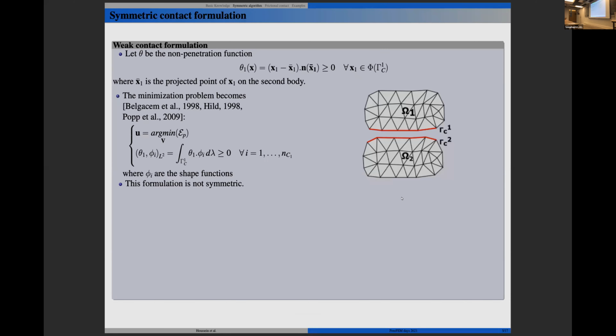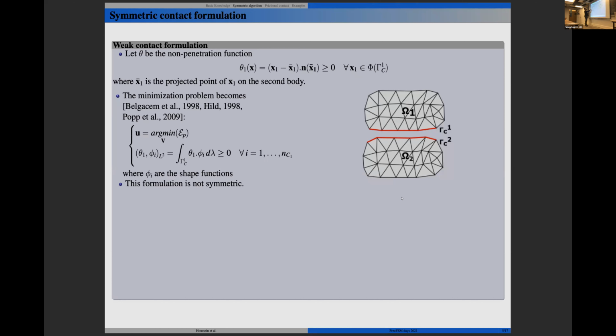But before presenting the symmetric formulation, here we have the non-penetration condition with respect to the first body. Therefore, the first one is taken as slave and the second one as master. Instead of taking this condition, we can take a weak form of this non-penetration condition.